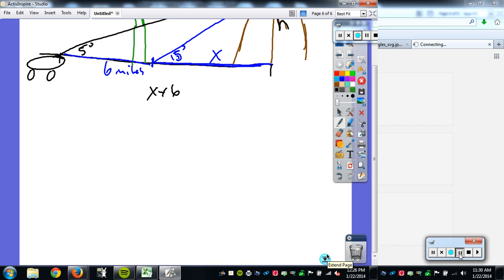Alright, so now I'm going to draw my 2 triangles, not to scale like the one up here. Basically I have this one that's 5 degrees, with the height of the mountain h and x plus 6 the distance away, correct? And the other one, with the height of the mountain h, is 15 degrees.